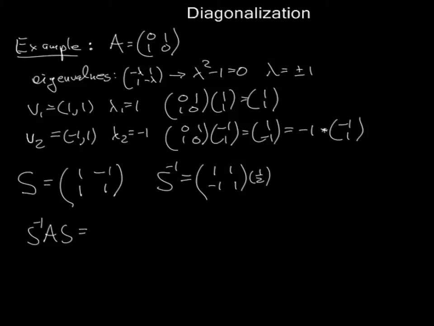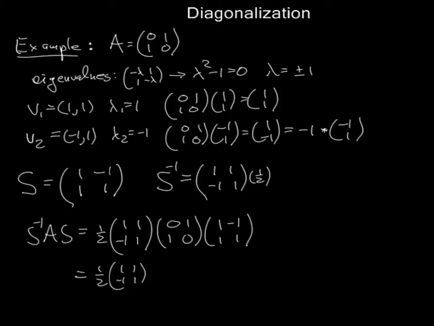It's 1/2 this matrix followed by A followed by S. And if you just do the calculation, let's see, multiply the second two matrices together to get this, and then multiply these two matrices together, and what do you get? You get a 1, 0, and let's see, a 0 and a minus 1.